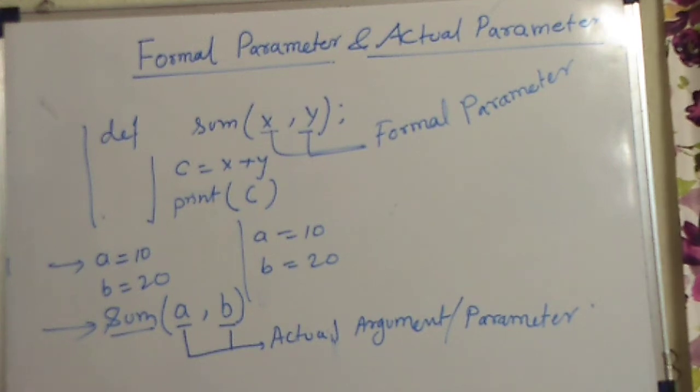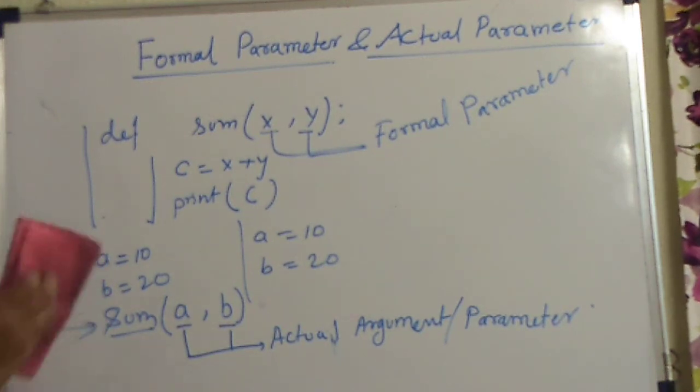Formal parameter and actual parameter or actual argument will be very frequently used. The example I am going to give you next is also related to formal parameter and actual parameter, along with what I taught you in the previous video, mutable and immutable arguments. Okay, now let us see.